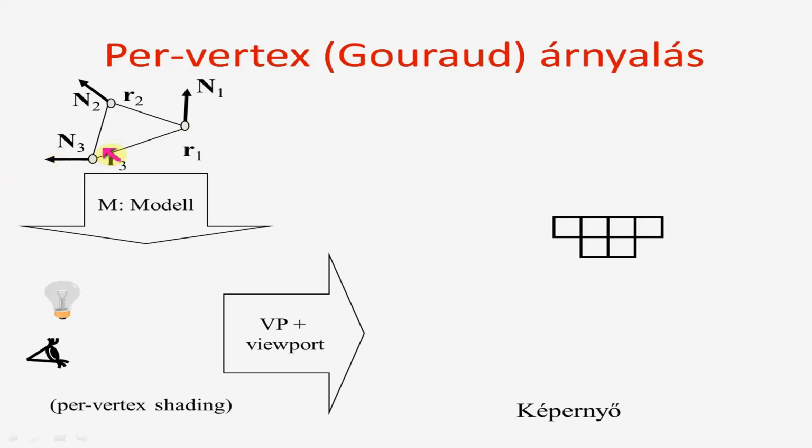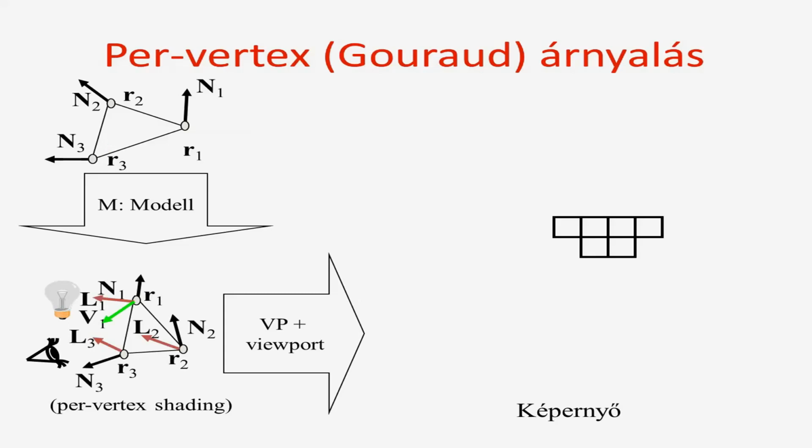After tessellation, the object is a set of triangles with vertices and shading normals. These are transformed to world space by multiplying the vertices with the modeling transform and the normals by the inverse transpose of this matrix. So our triangle arrives in world space. In world space, the view and light directions are computed at the triangle vertices.